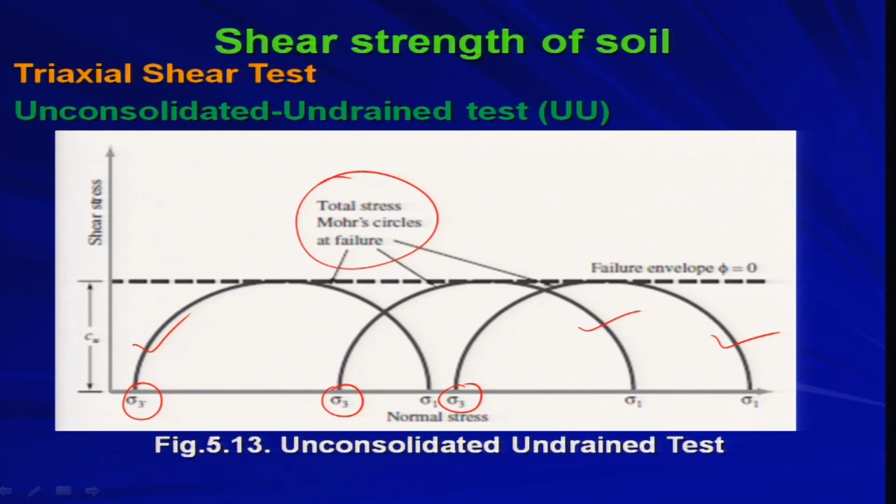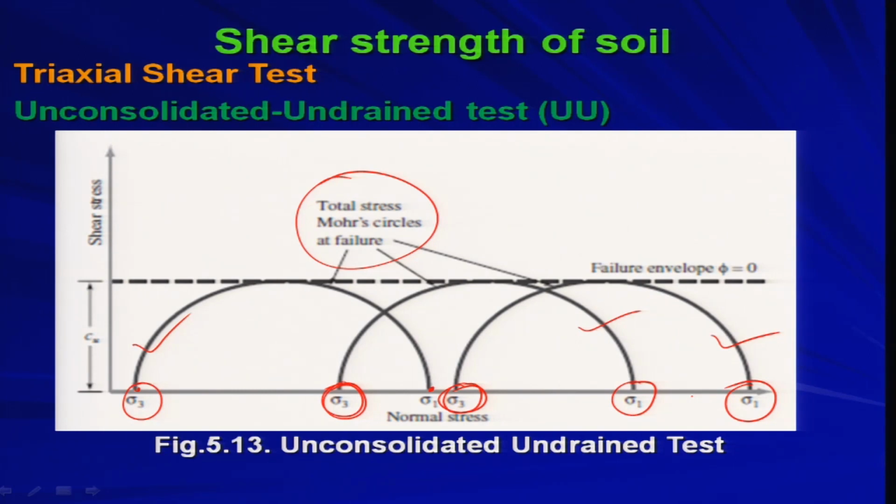If you consider this as one cell pressure, you get failure at this σ1, the major principal stress. Similarly, for this modified cell pressure you get failure at this major principal stress, and when your cell pressure is here, you get failure at this major principal stress σ1.